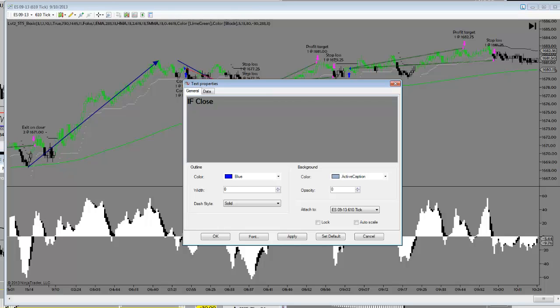So if close is greater than Master Mo and IS is less than, let's just say, is equal to or less than minus 50, then set for buy. If bars go green, then buy next bar market.